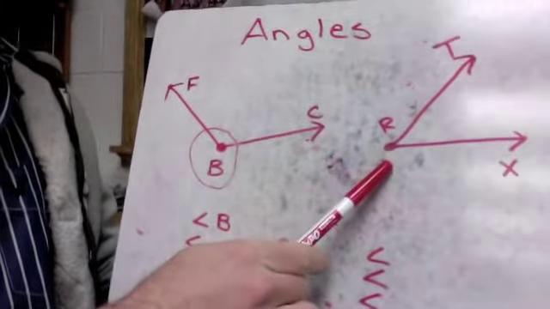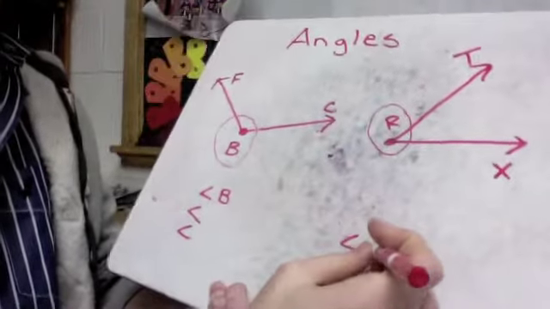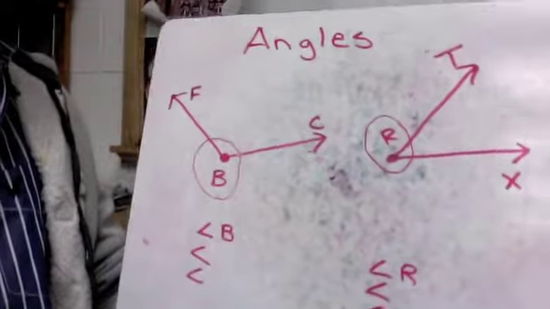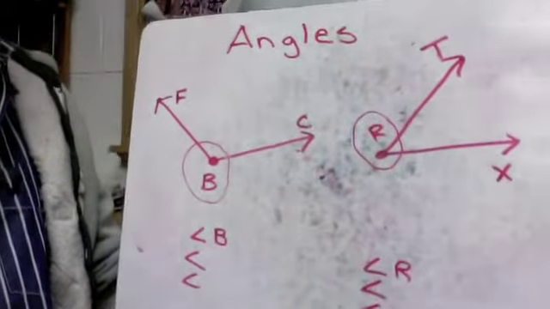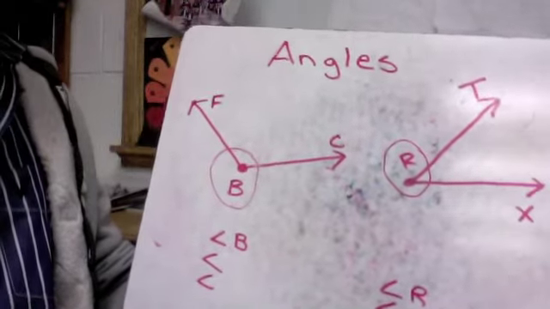Over here, we could just name it by the vertex. The vertex is R, so if we said point to angle R, the person is going to know it's this one right here.